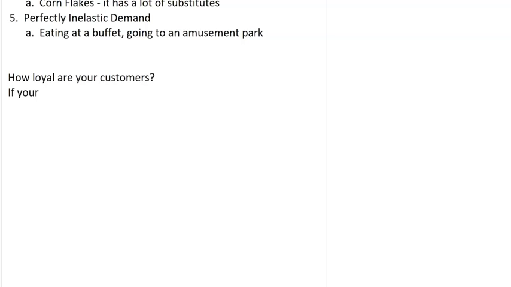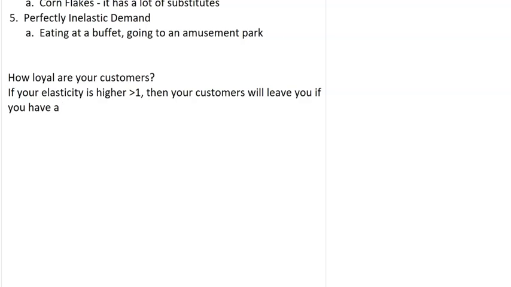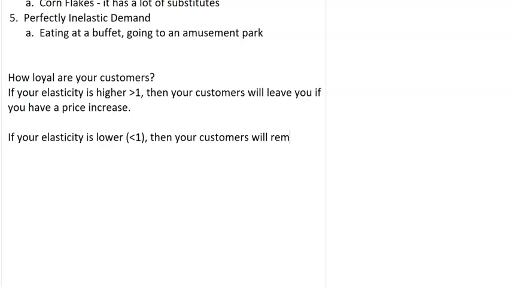So if your elasticity is higher, let's say it's greater than 1, then your customers will leave you if you have a price increase. However, if your elasticity is low, let's say less than 1, then your customers will remain with you even if you increase prices.